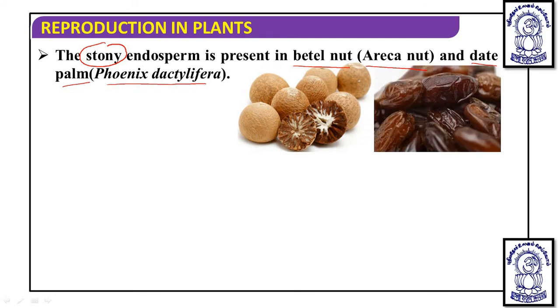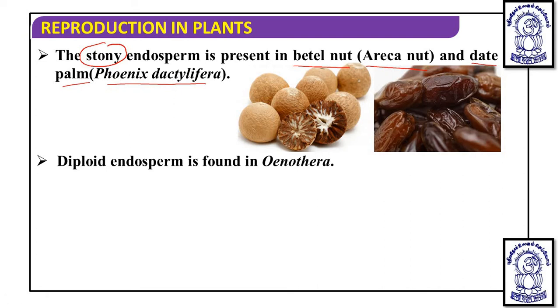And that is obviously in case of seed. Now usually we have studied that endosperm is triploid in angiosperm because it is formed after triple fusion, whereas in gymnosperm it is haploid because it is formed before fertilization. But within angiosperms, it is also found that diploid endosperm occurs in Oenothera.